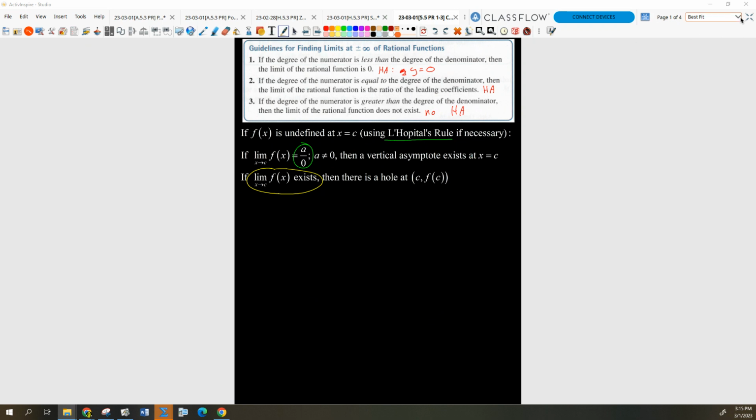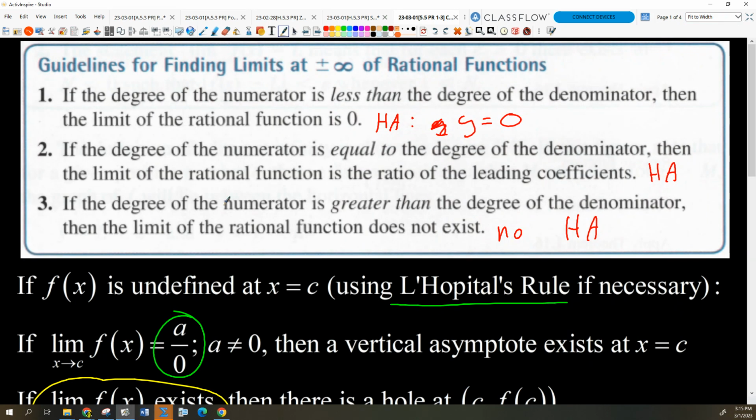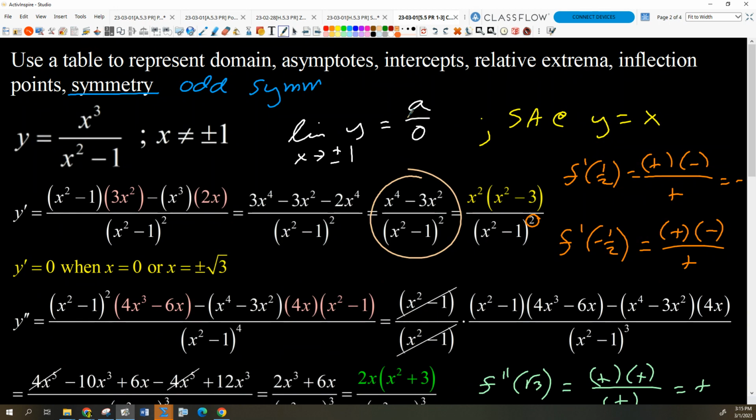This guy, check this out. So here's a problem we did in calculus today where we were looking at symmetry arguments on this one. And look, we were able to tell that this function had odd symmetry.